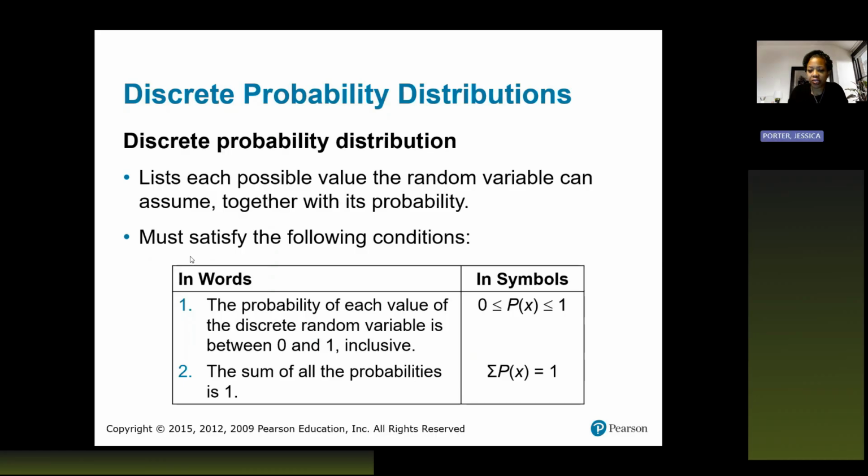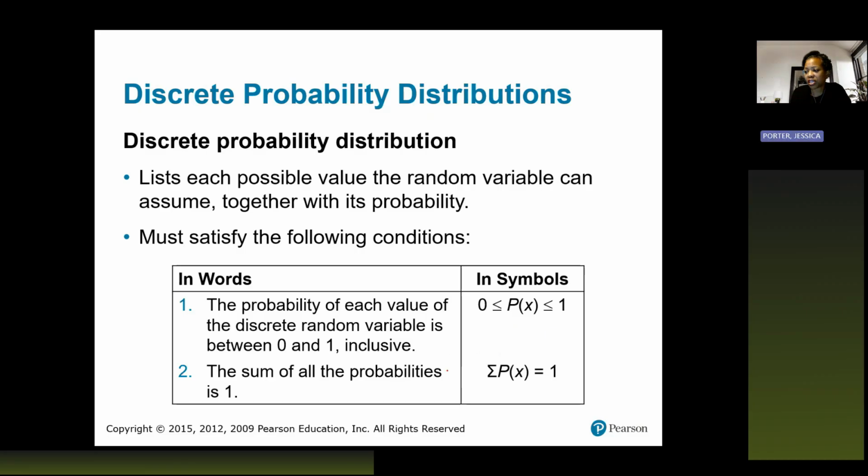Some of the characteristics of a discrete probability distribution. Number one, the probability of each value of the discrete random variable is between 0 and 1. So you can't have negative numbers and you can't have anything greater than 1, for each value.